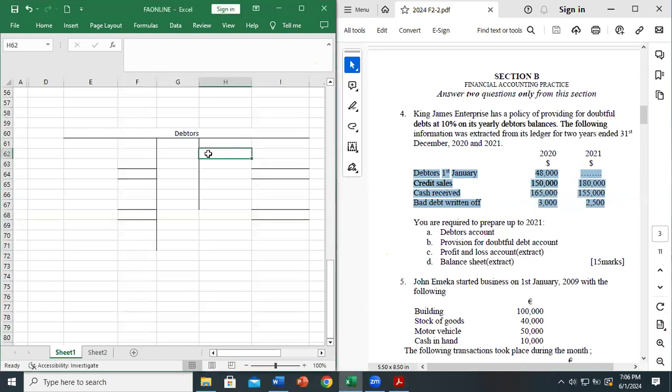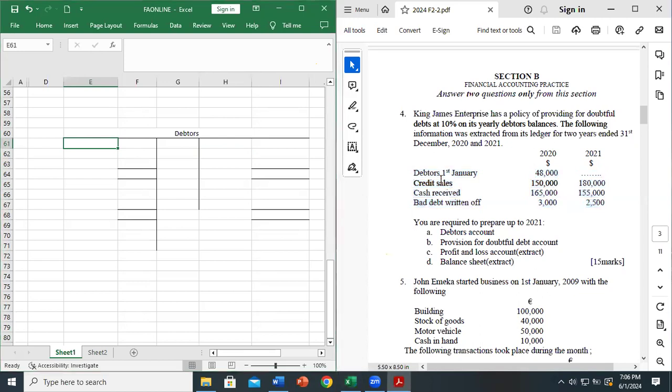So that's where you have to focus your energy. But one thing you have to be careful of is that you should do it year by year, because you have 2 years, 2020 and 2021. You have to look at 2020, the first year, before you move on to 2021. So let's begin from 2020.